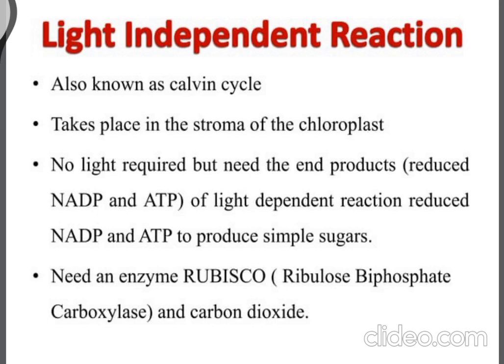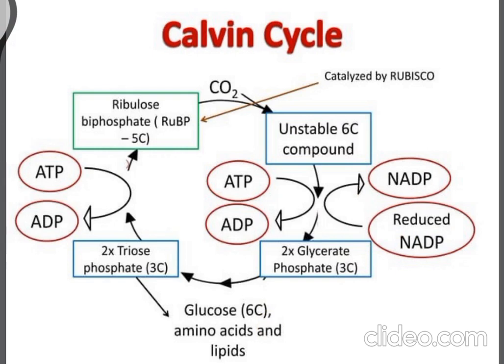It needs an enzyme, RuBisCO, which means ribulose bisphosphate carboxylase, and carbon dioxide. Next, this is the Calvin cycle.